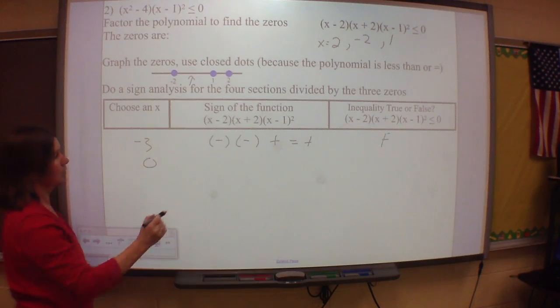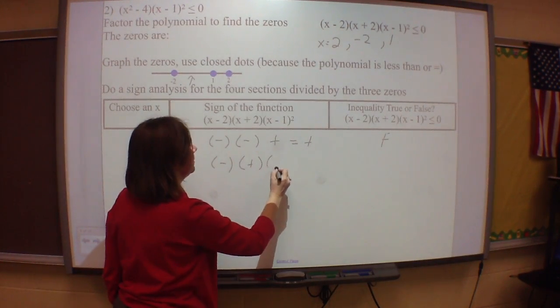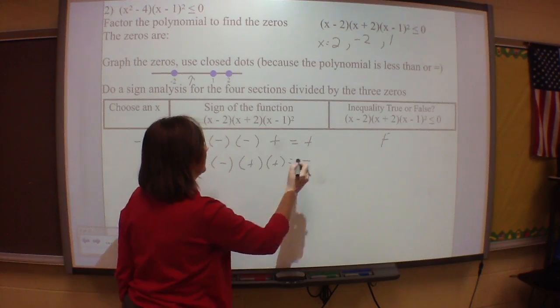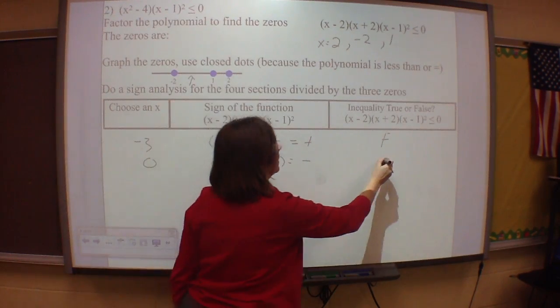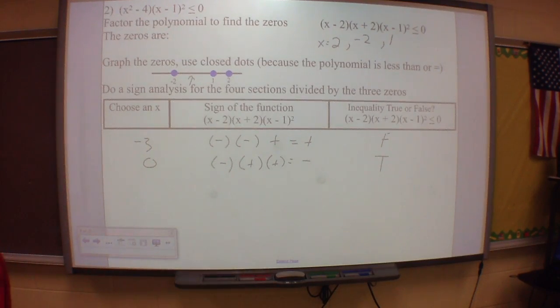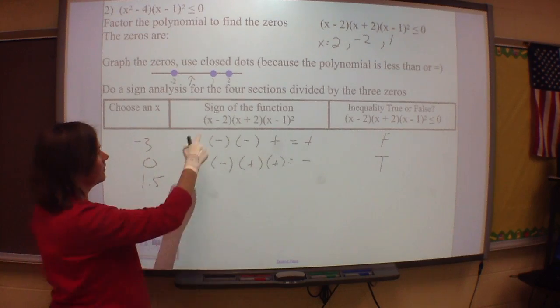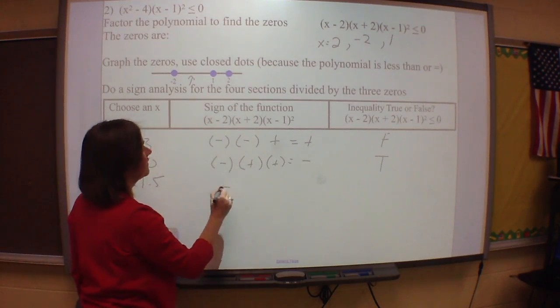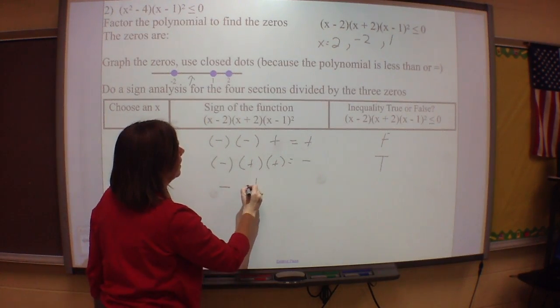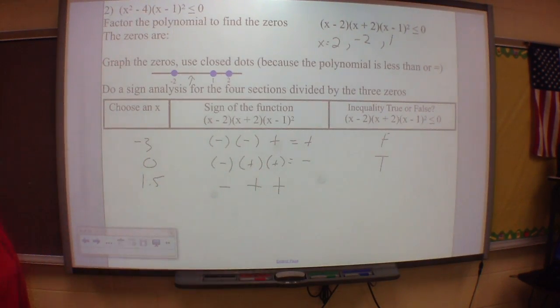Now let's pick something in between. Let's say 0. Negative, positive, positive gives me a negative. A negative number is less than or equal to 0, so that's true. Pick something here. Let's say 1.5. If I plug in 1.5 there, I have a negative, a positive, a positive.